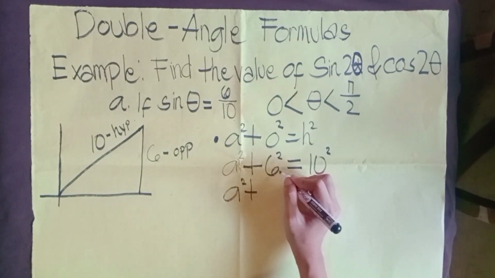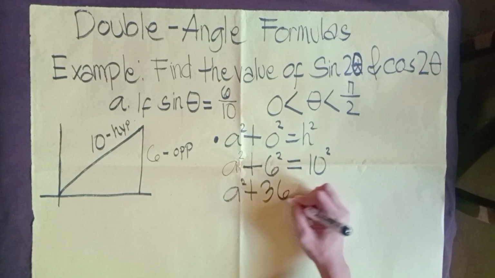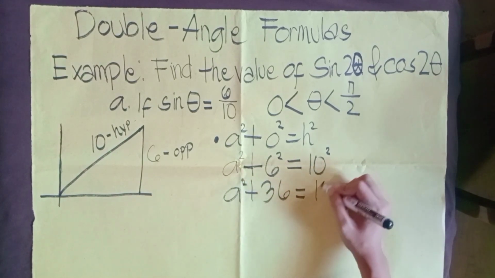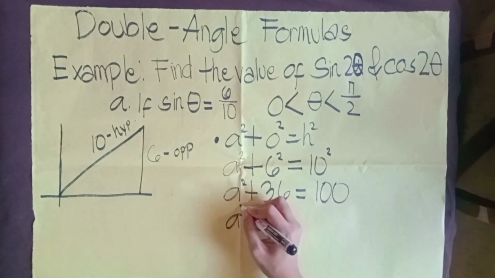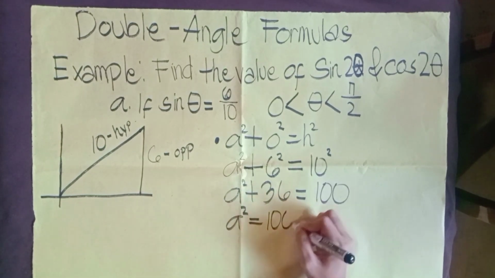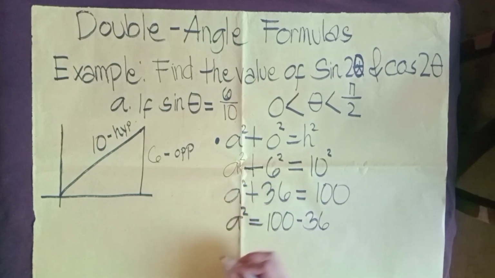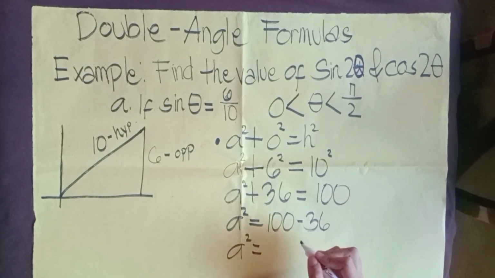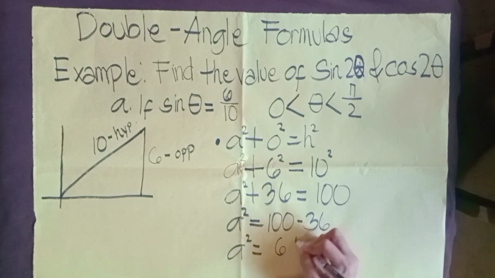A squared plus 6 times 6, that is 36 equals 10 times 10 equals 100. So a squared equals 100 minus 36, that is 64.